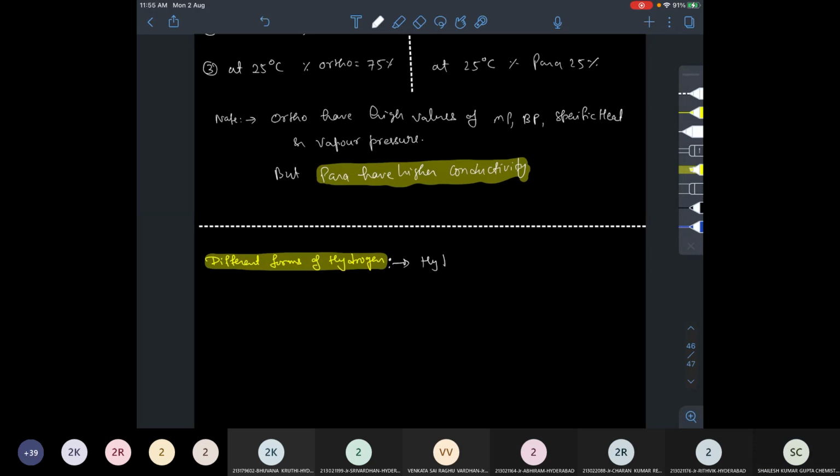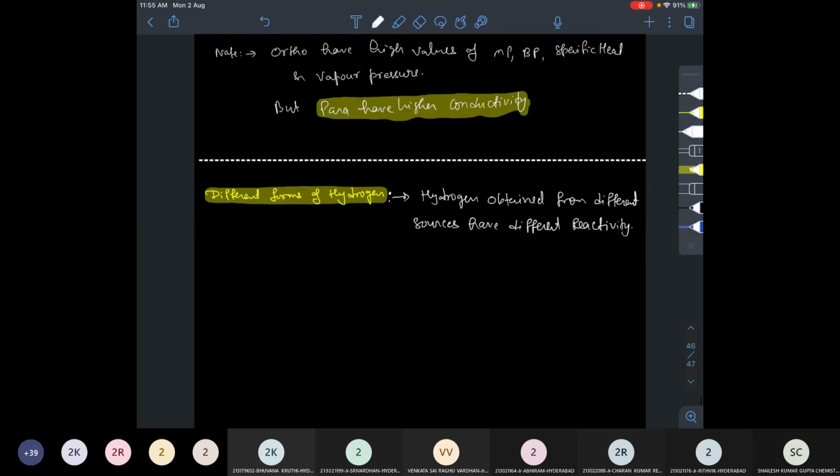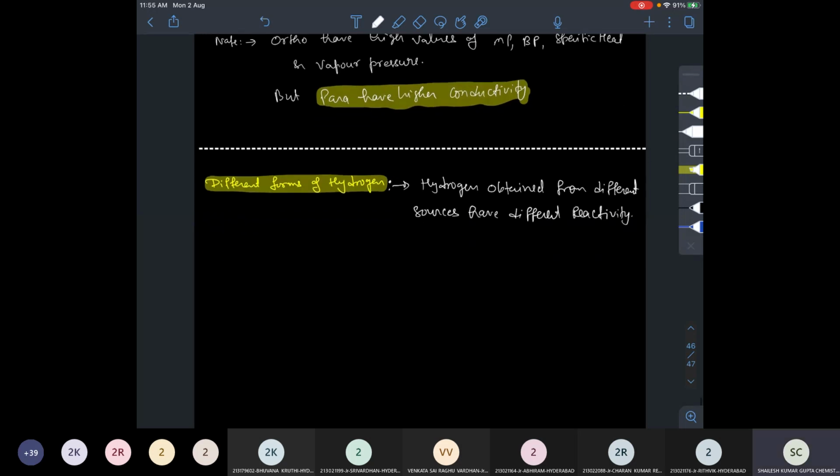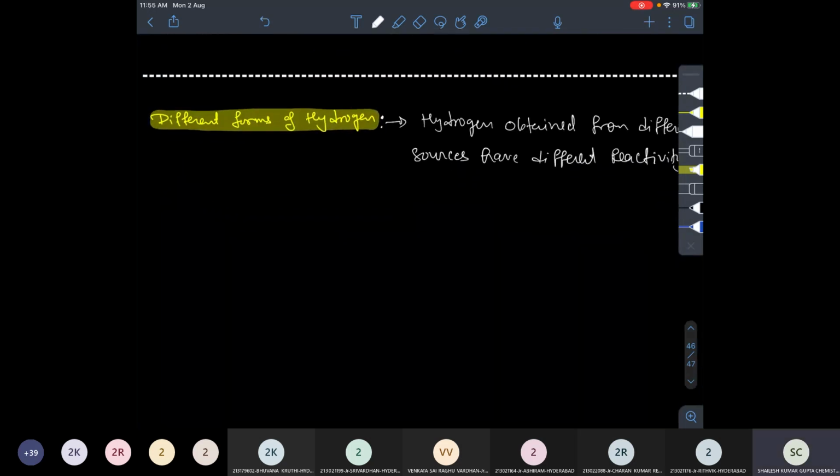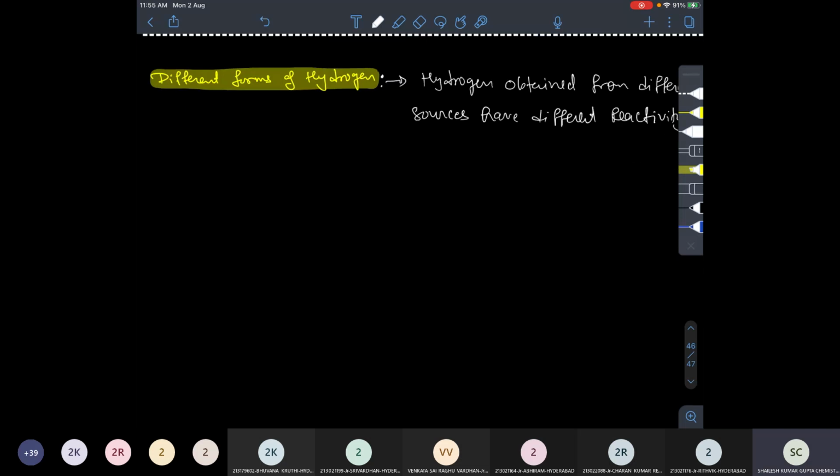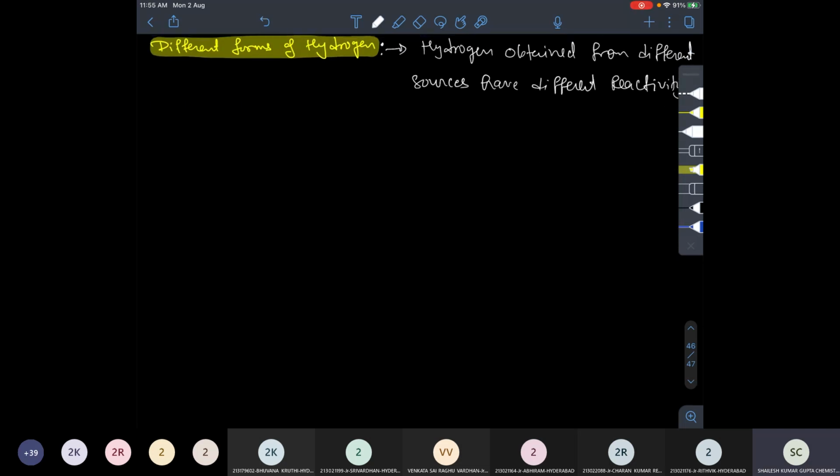Hydrogen obtained from different sources have different reactivity. So that's why this topic is basically different forms of hydrogen. Basically, I'm trying to tell you the different sources from which it is obtained and their reactivity.